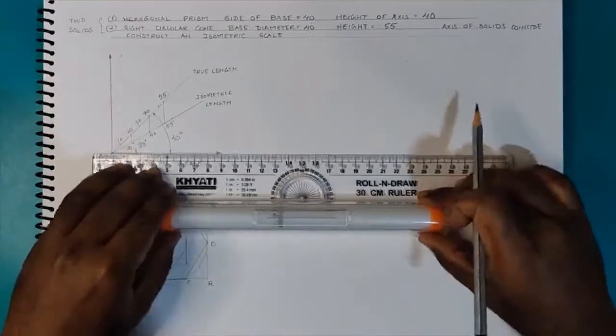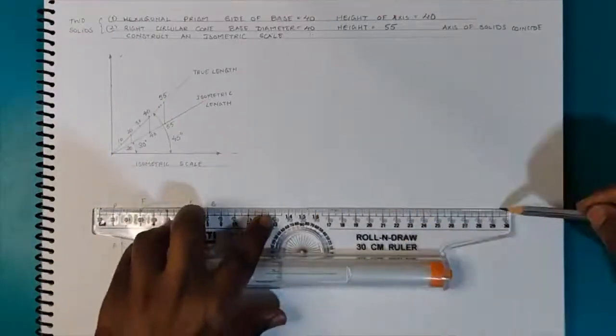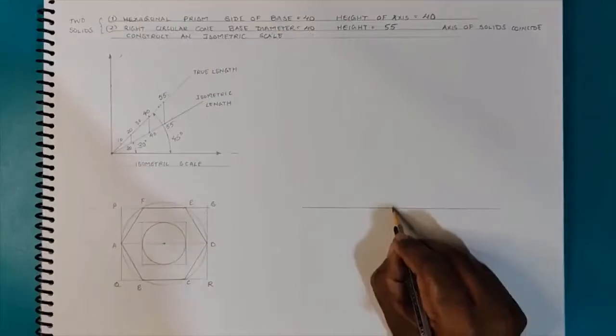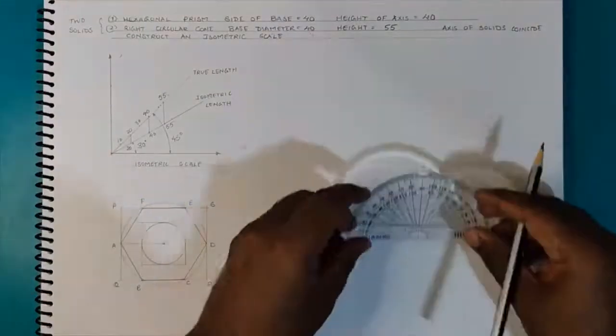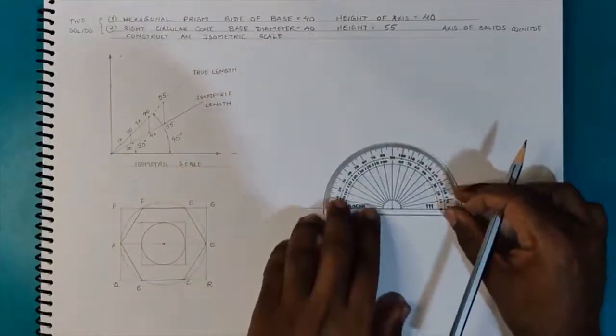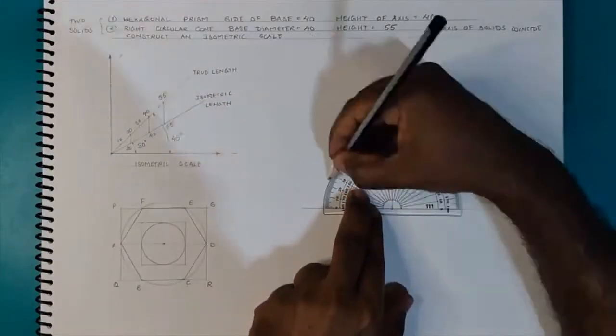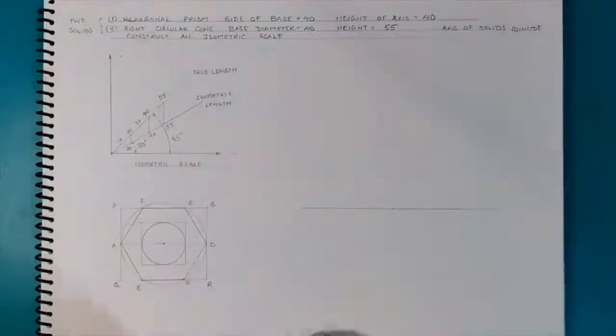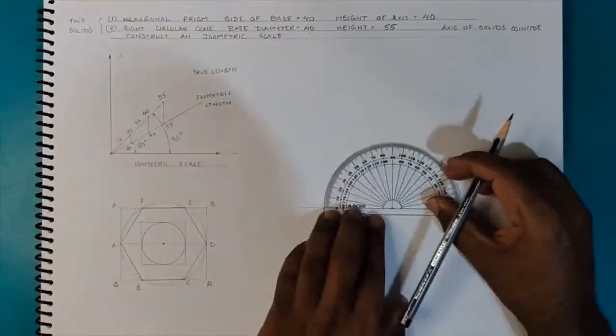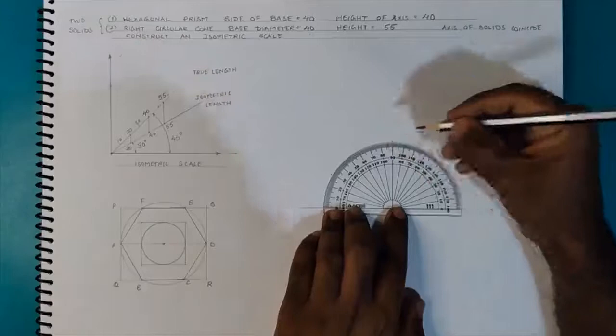Now I construct a horizontal line and mark a point to find the isometric axis inclined at 30 degrees with the help of a protractor. I also draw the vertical axis.